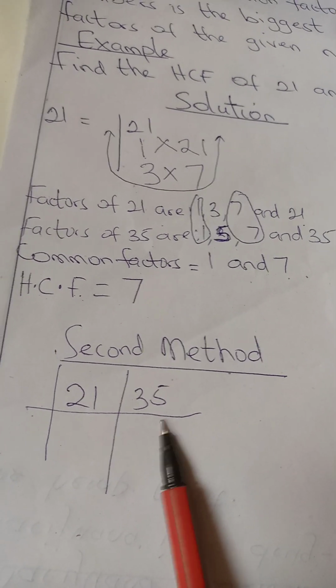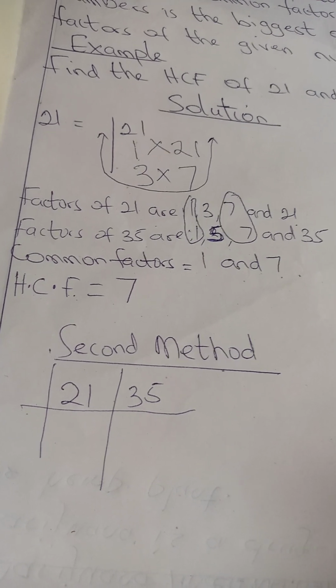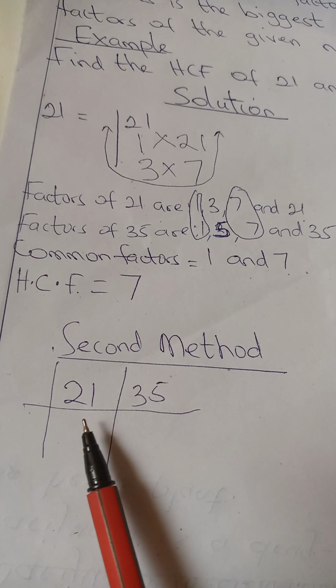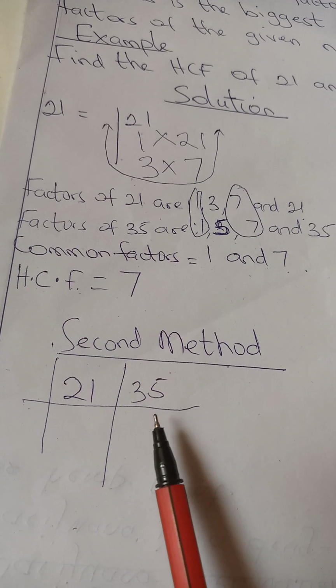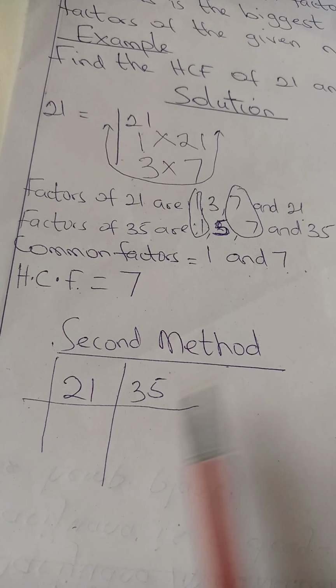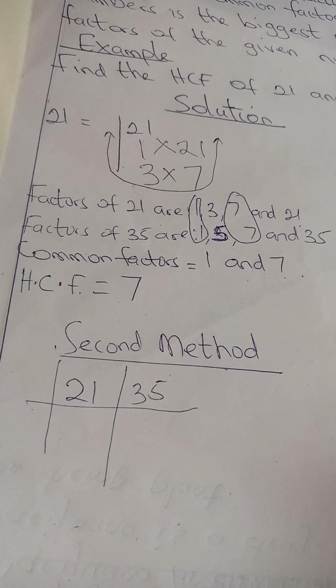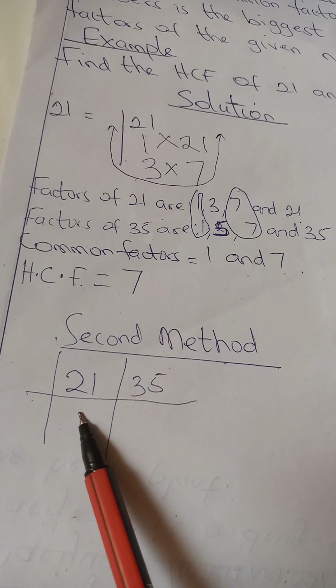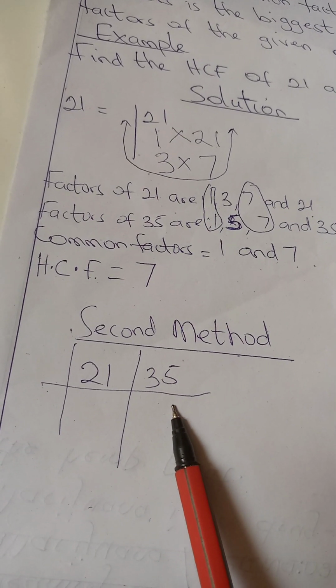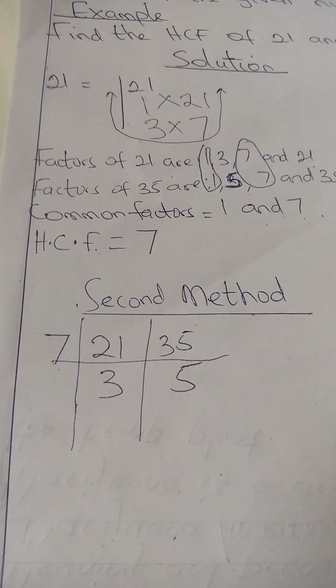5 cannot divide 21 but it can divide 35, so we're not going to make use of it. 6 cannot divide through 21, neither can it divide through 35. After 6 is 7. 7 can divide 21, and can divide through 35. So we are making use of 7.